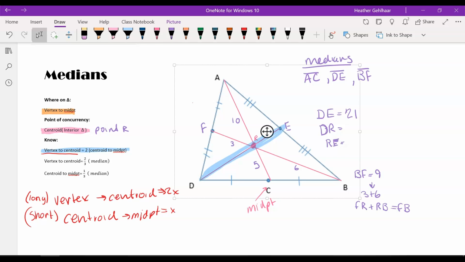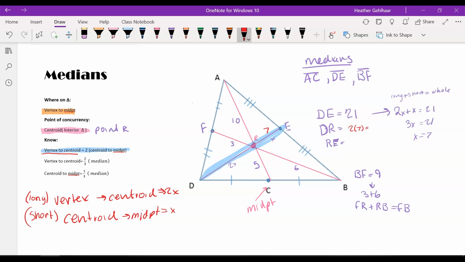I know that this length is 2x and the short length is x. So I can create an equation here: 2x plus x, because I'm going to add the long side and the short side to equal the whole, so 21. We get 3x equals 21, x equals 7. That means RE is 7, and DR is going to be 2 times 7, which is 14.